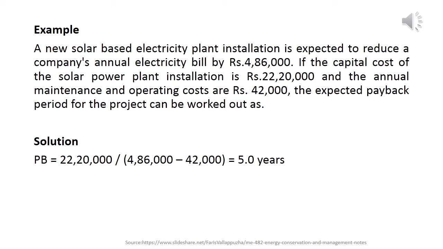Friends, the solution is given by the formula: initial cost is 22,20,000 and annual saving is 4,86,000, out of which we are spending rupees 42,000 on annual maintenance and operating cost. So payback period is the ratio of 22,20,000 to the difference of 4,86,000 and 42,000, which comes to 5 years.